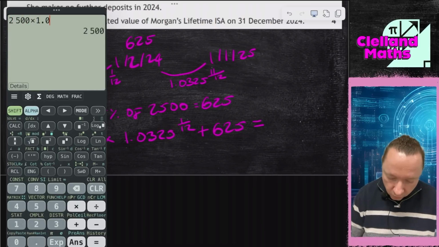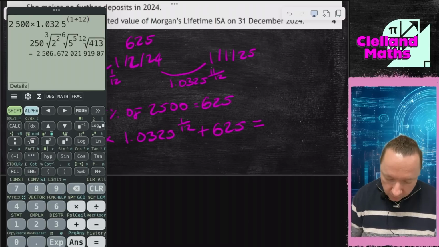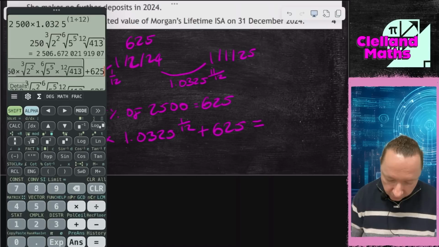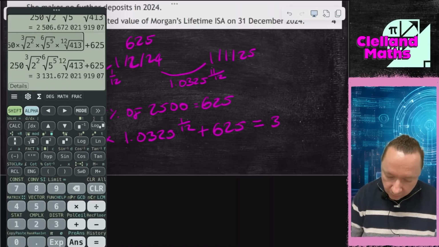2,500 times 1.0325 to the power of 1 over 12 plus the 625 is 3131.67.